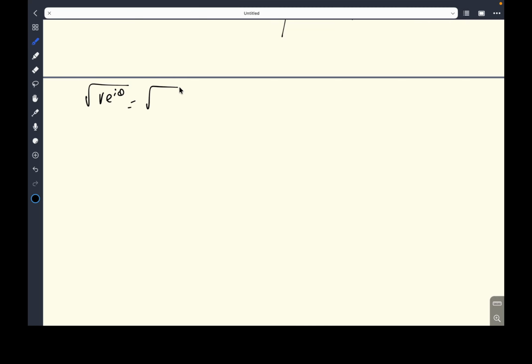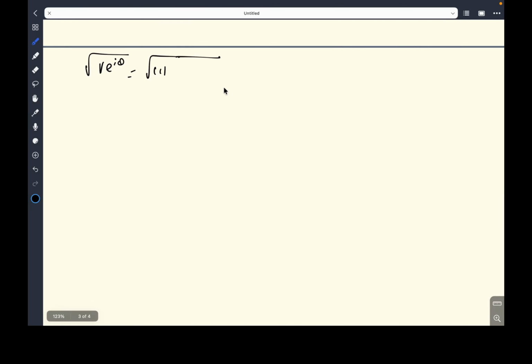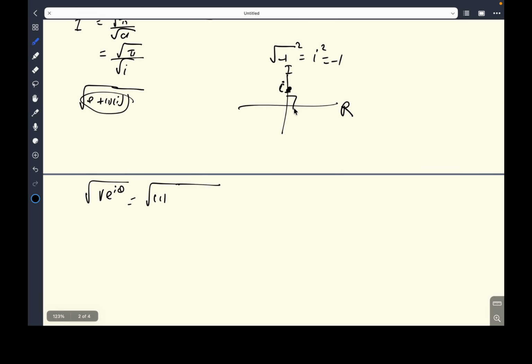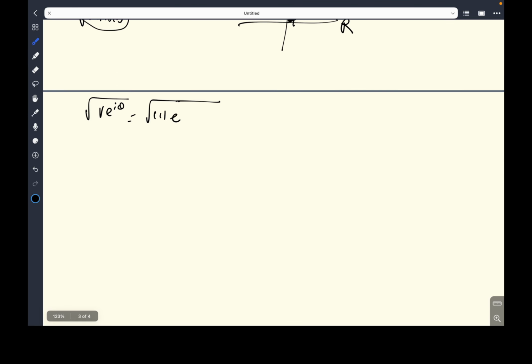My length is 1 because I just have 1 imaginary unit, and my angle is 90 degrees here, which is i theta, i pi over 2, and for the root it's going to become i pi over 4.